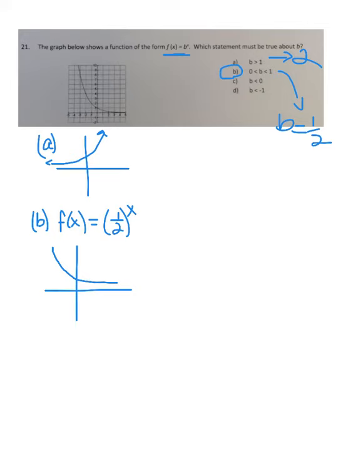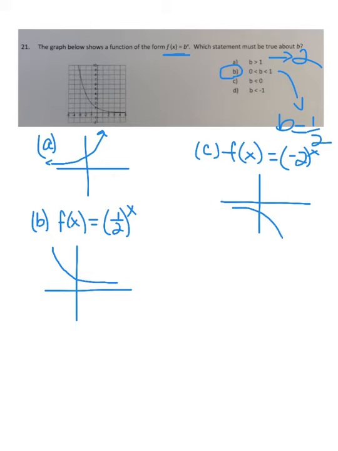Now, you can check choice C, and if you're choosing something less than 0, that would have to be a negative number, right? So like negative 2 to the x. And you'll find out that your picture does not look like the one that's given. It looks like that, okay?